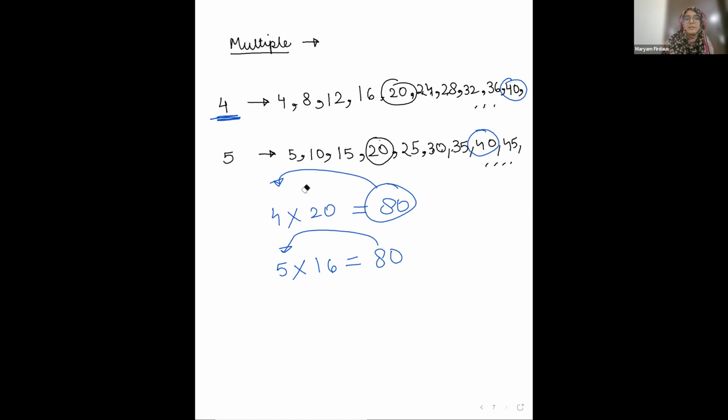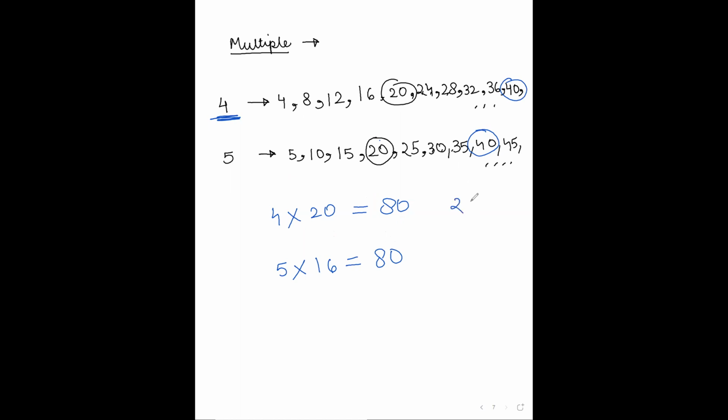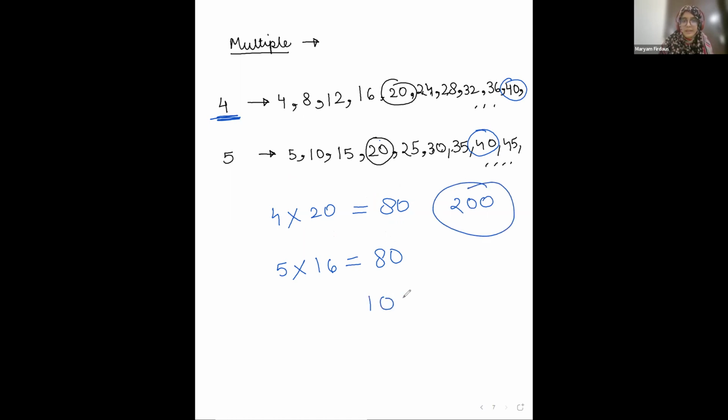And in fact, you won't end there. You will have so many, right? Why just 20, why just 100? You will have 200 also. 200 is also a common multiple. Yes, 100 is also a common multiple because 4 into 25 is 100 and 5 into 20 is 100.